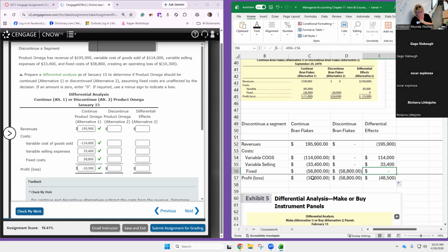It almost did, but 10,300. So maybe there's a way we can cut costs or raise the price to get this out of being a loss. But it looks to me like our loss is going to be even greater if we eliminate the bran flakes line. Okay, so let's key this in.